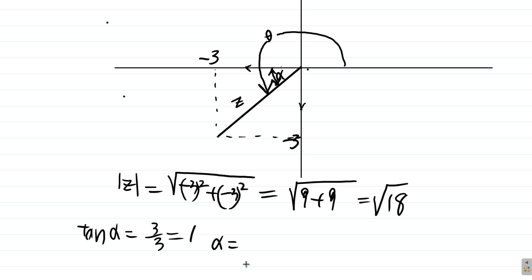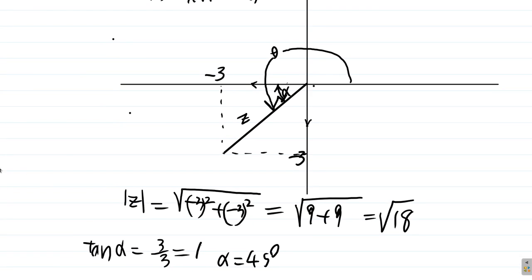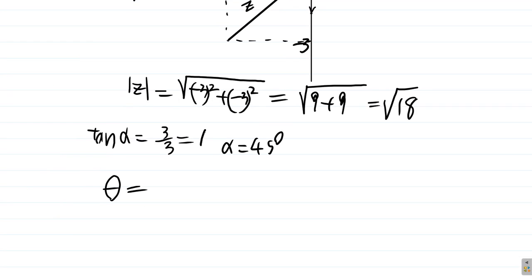So alpha is the tan inverse of 1. You don't even need a calculator. If opposite and adjacent are the same, this will be 45 degrees. So the total angle theta, from here all the way around, would be 180 plus 45, which is 225 degrees.